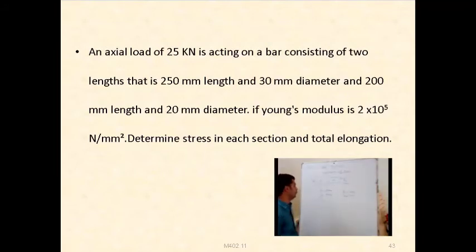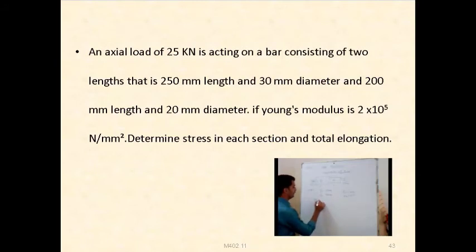So we have to calculate the stresses and elongations. To calculate the stresses in both cases, we need to know load and area. Initially he has given the load of 25 kilonewtons.